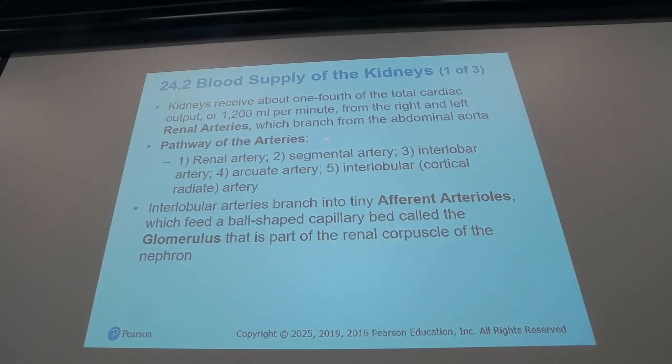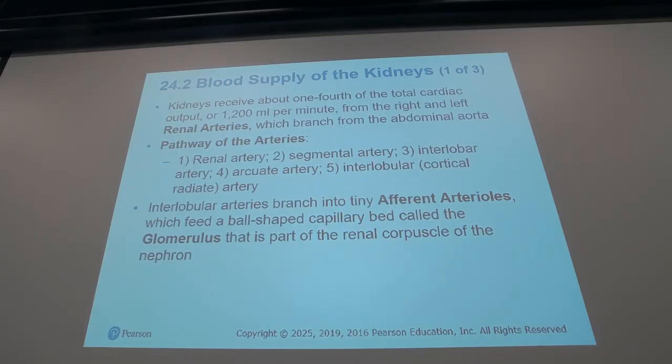So the renal arteries form segmental arteries, 2 to 3 segmentals. And these 2 to 3 segmentals will form interlobar arteries that run between the pyramids. And then once they reach the last part of the pyramid, they make a curve-shaped turn, and they will be called arcuate because they make like an arch.